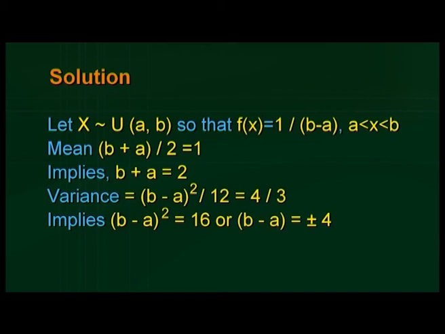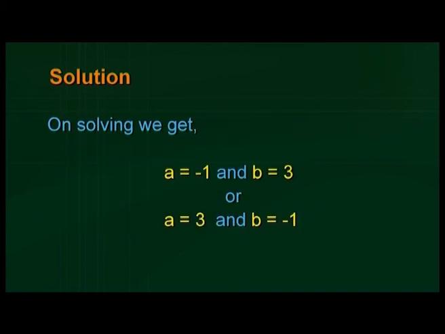Variance (b-a) the whole square divided by 12 is equal to 4 divided by 3, which implies (b-a) the whole square is equal to 16, or b minus a is equal to plus or minus 4. On solving, by taking b minus a is equal to minus 4, we get a is equal to 3 and b is equal to minus 1.